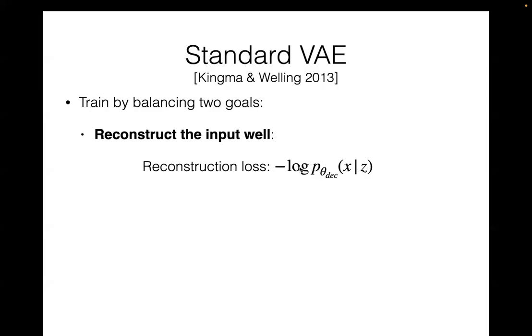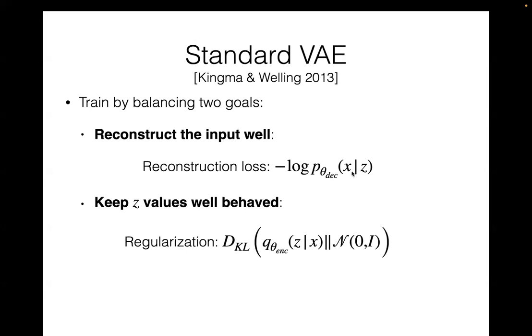This loss term says maximize the probability, or minimize the negative log probability, of the data given some latent variable. That trains our decoder to reconstruct data given some latent variable.